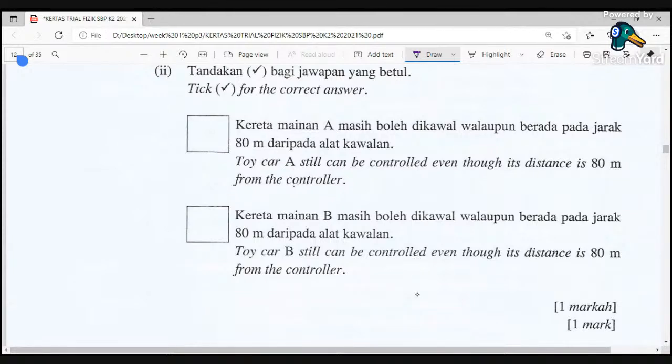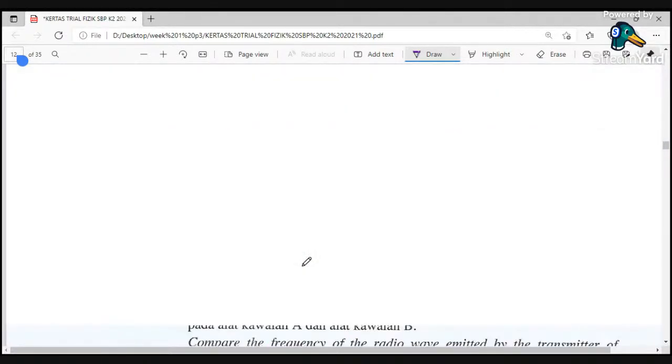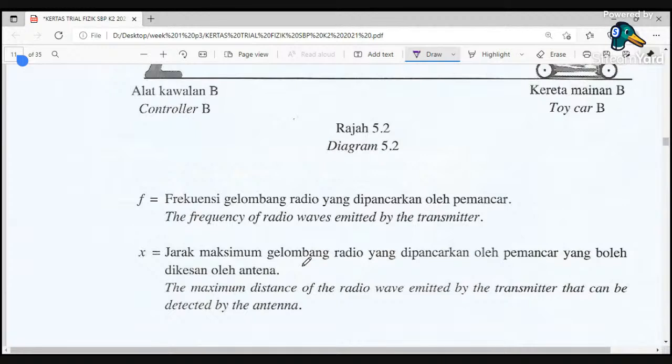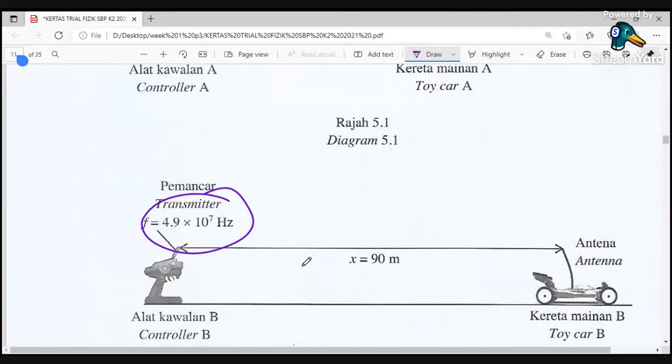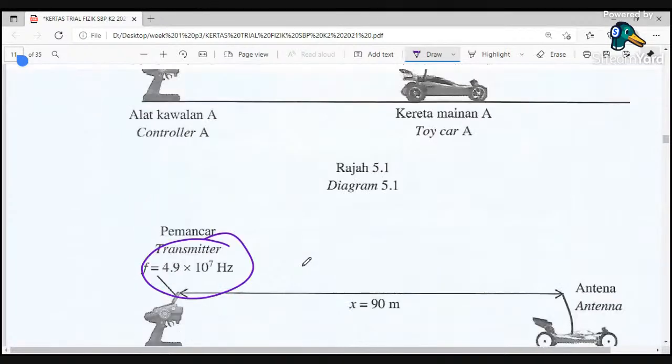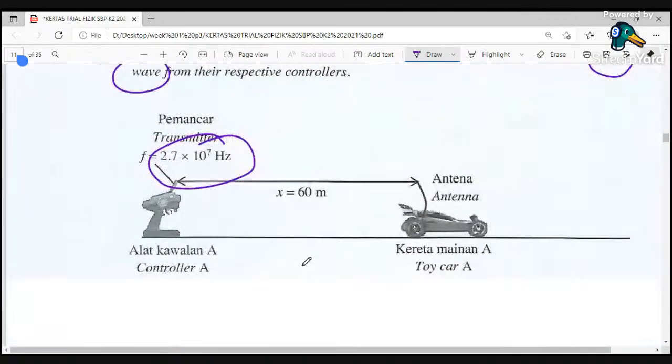Okay, Toy car A still can be controlled even though distance 80 meters from the controller. Toy car B still can be controlled even though its distance is 80 meters from the controller. Okay, this one just can 60 meters only.